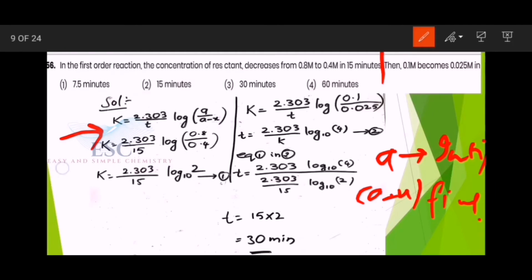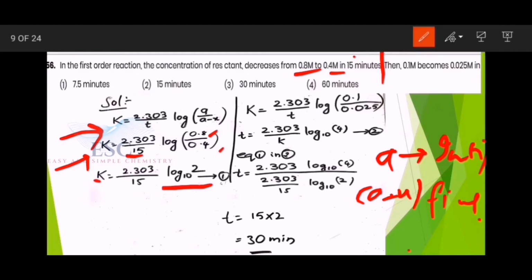This is the second step: k is equal to 2.303 by t. t means already 15 minutes here, so substitute the 15. Log of a, the initial concentration 0.8, and a minus x, the final concentration, that is 0.4 M.